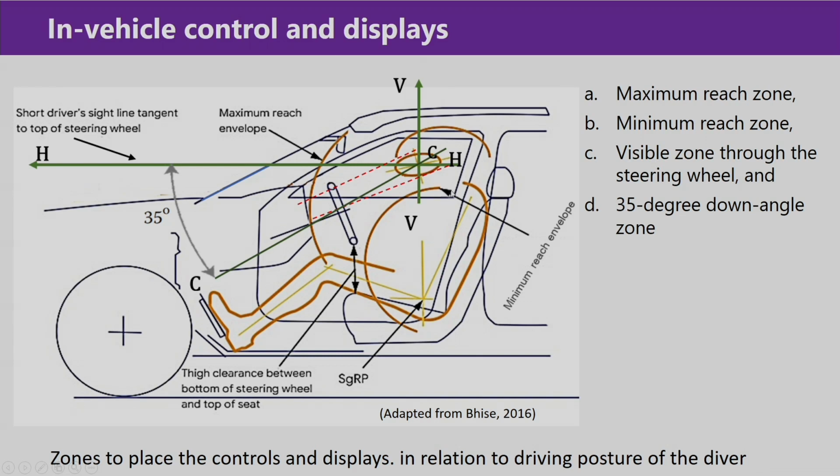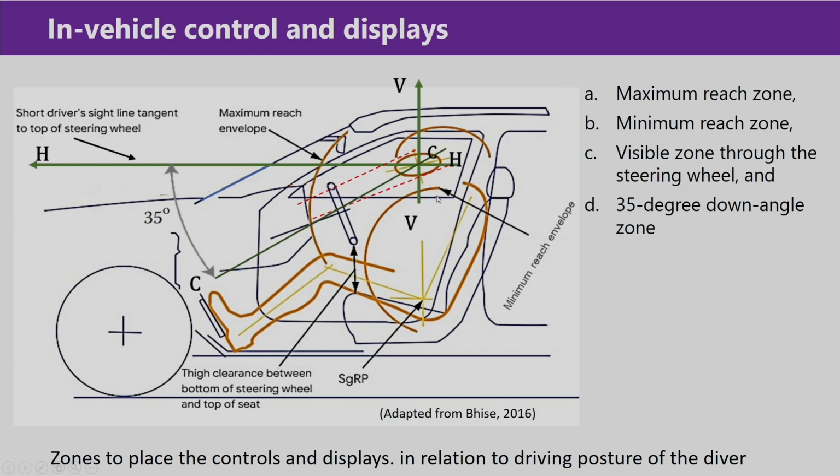While a driver with shorter body dimensions adjusts the seat to the forwardmost position, at that time the 5th percentile driver's upper arm is parallel with the seat back and the elbow is on the side bolster of the seat back. At that moment, with the elbow as the pivot point, the area or volume which can be accessed by the lower arm is called the minimum reach envelope.